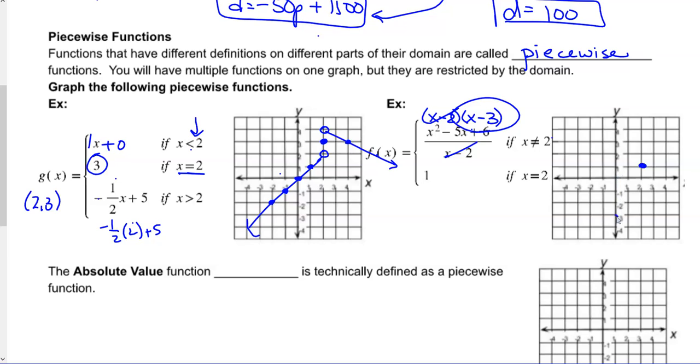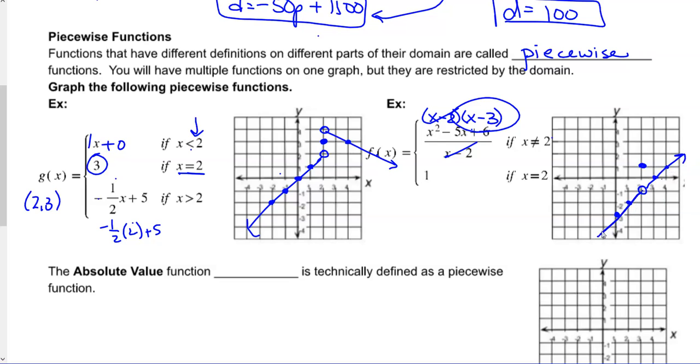That line's going to go through the intercept of negative 3 with a slope of 1. I'm going to go up 1 over 1, but get ready. I'm getting ready to get to x equaling 2. And I have to go back and erase some too because I forgot to leave a hole. Up 1 over 1, that's where my hole has to be. And I can go up 1 over 1, keep doing that pattern. It's going to be defined everywhere except for where this hole is.